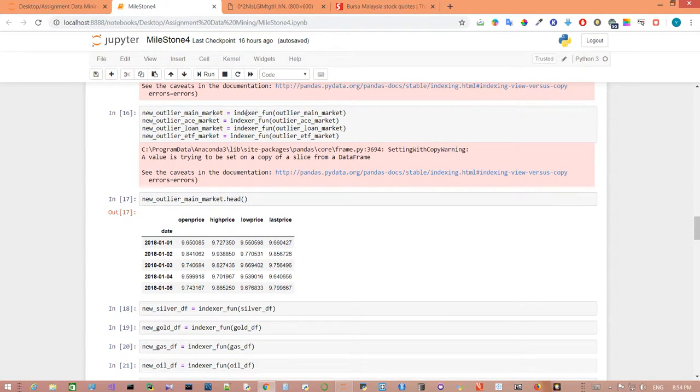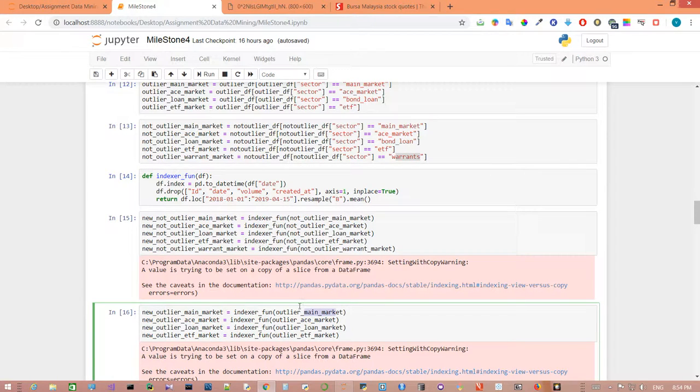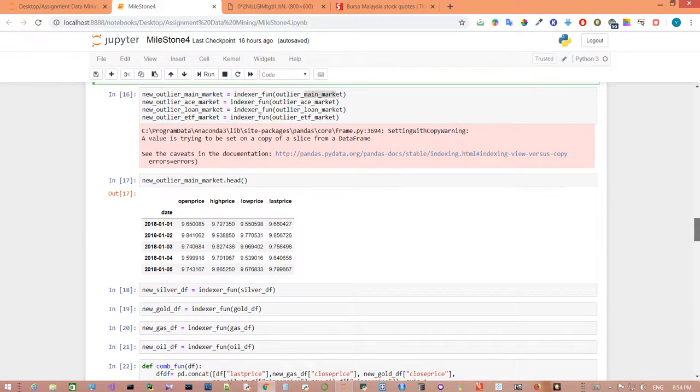I am doing the same for outlier main market. I am trying to compare market by market: main market of outliers to main market of not outliers, or loan market of outliers to loan market of not outliers. This way it would make more sense.